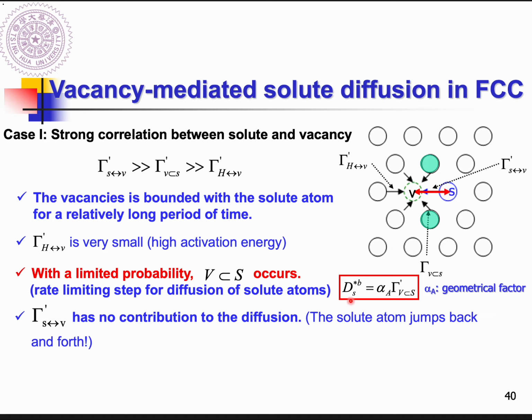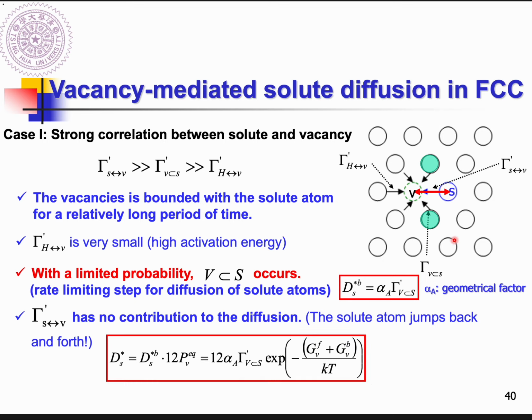So when you write down Ds, the diffusivity of the solute bound with the vacancy, it will be proportional to gamma prime Vs, and alpha A is a geometrical factor related to the crystal structure.